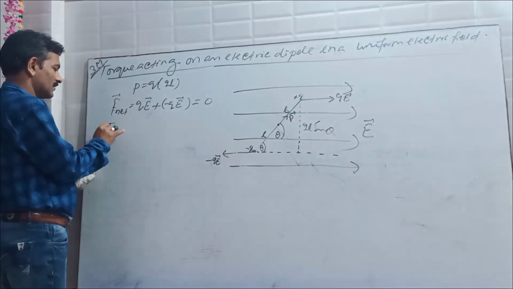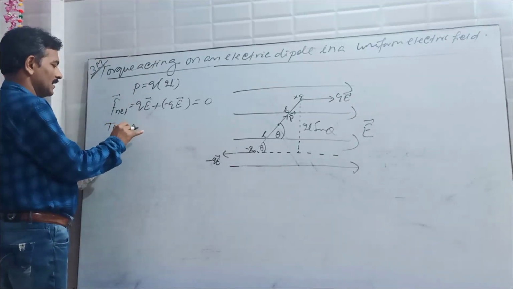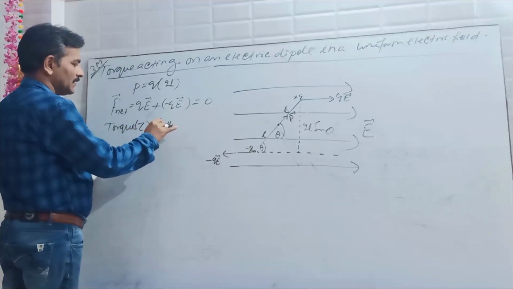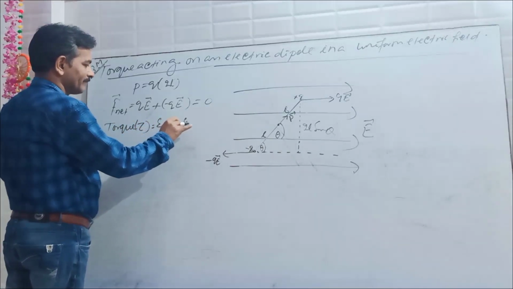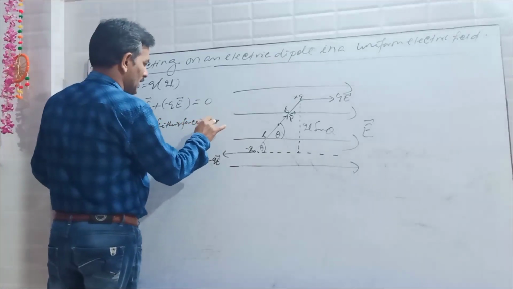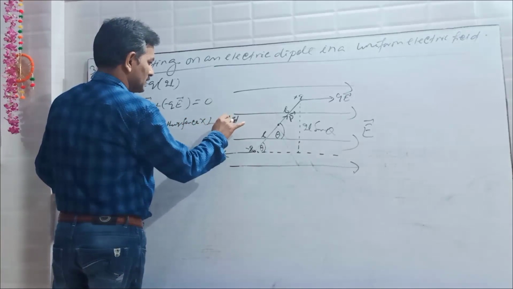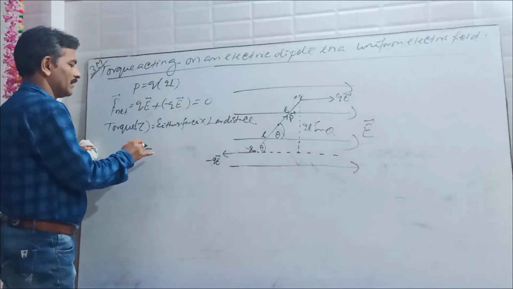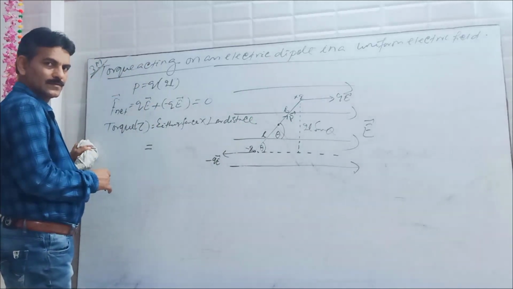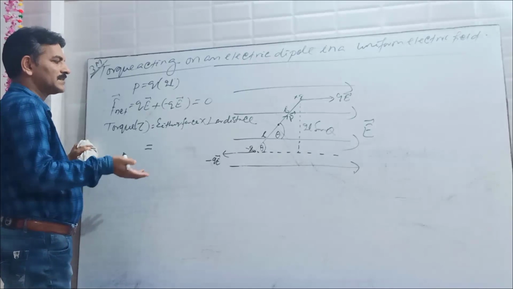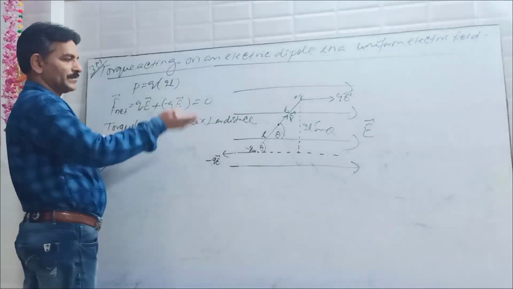So what is the torque? Tau is equal to either force into what? Perpendicular distance. It is quite obvious. The expression for torque is either force into perpendicular distance between the two forces.